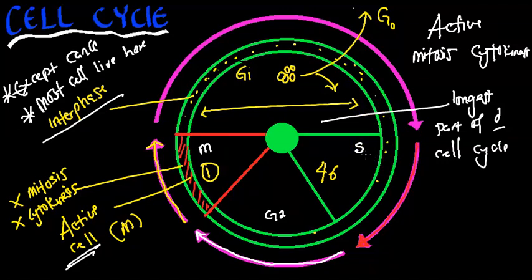So in this phase, what happens at this point? It takes 6 to 8 hours. What happens here? DNA replication occurs in the S phase. Because here, as we said, this was synthesis.